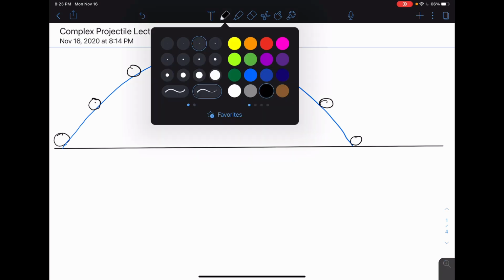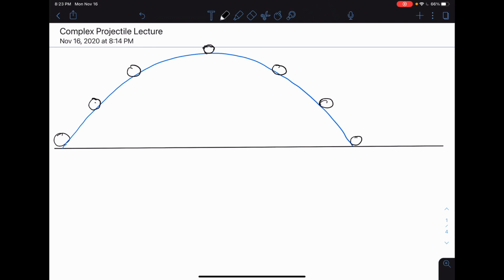Let's draw its initial velocity, and I'll stick with black here. All right, so we have the initial velocity that it's launched at, which is going to look like this right here.